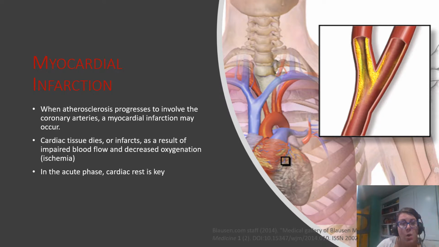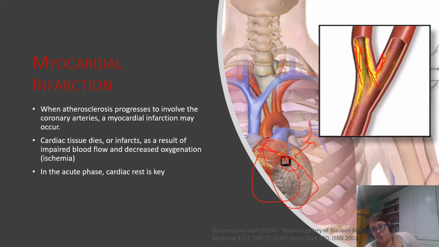So when you have a myocardial infarction, you have death of the cardiac tissue. We can see here a rendering of the heart, and we have this box popped out here. We can see the development of atherosclerotic plaques constricting blood flow through the coronary arteries.